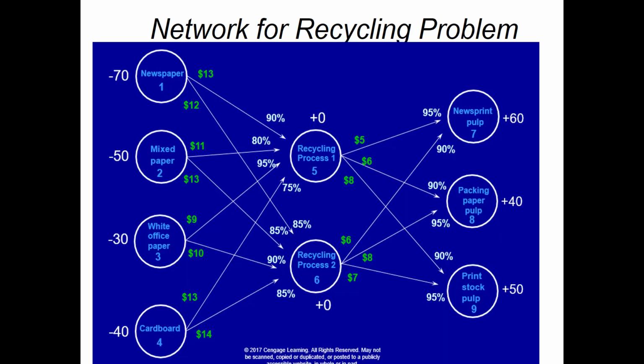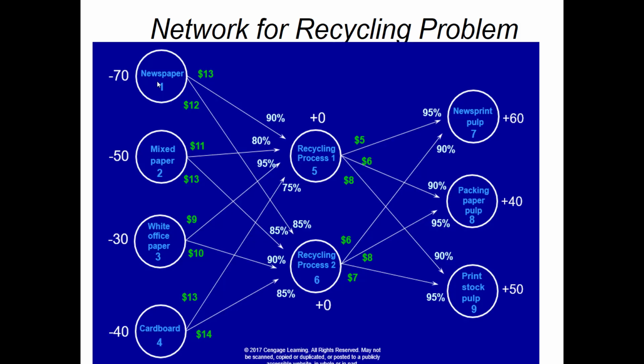In this example we are dealing with a paper recycling company. They recycle several materials using 2 different processes. For example, if they process newspaper using the first recycling process, each ton costs $13, but it yields 90%.